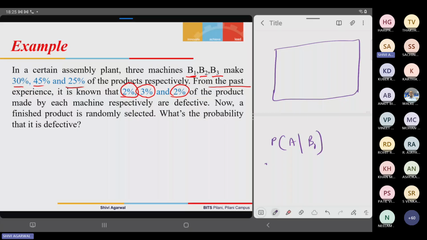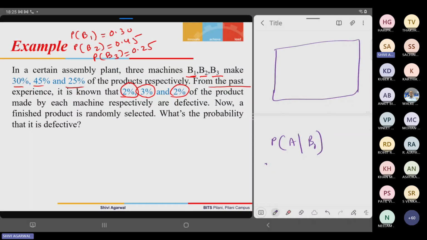So the probability of B1 is given as 0.3, the probability of B2 is 0.45, and the probability of B3 is 0.25. Actually, I am just writing to explain it right now, but all the information is already given in the slides.